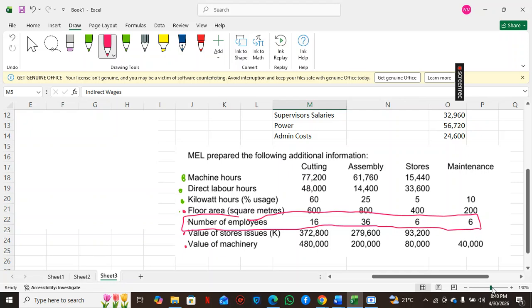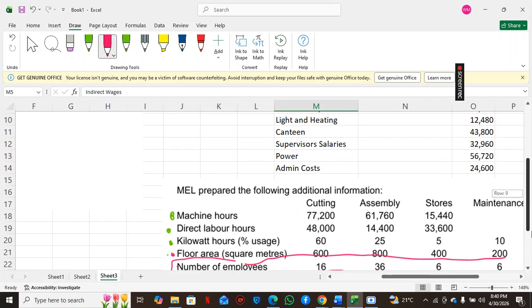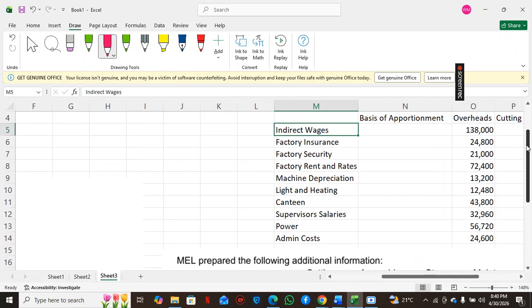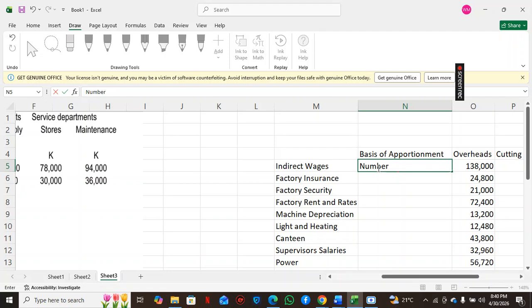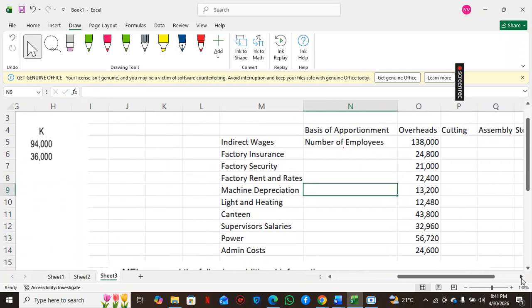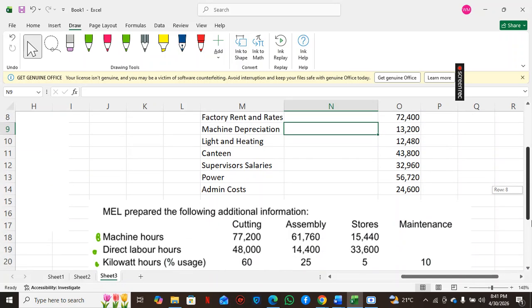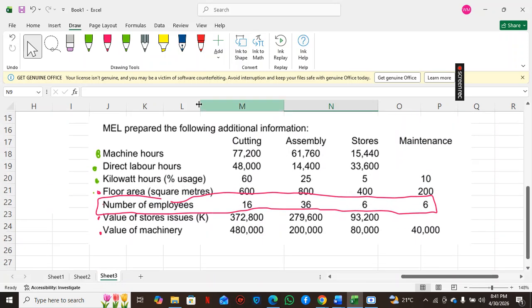Okay, now this is how we are going to do it. Once we've chosen what to apportion, we'll put here basis of apportionment, and we're going to say number of employees. So we're going to total up first. What's the total number of employees?